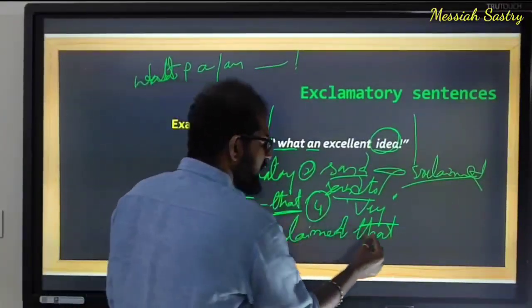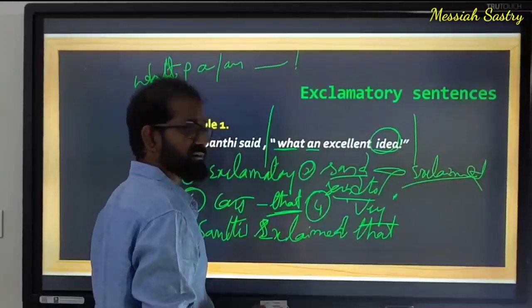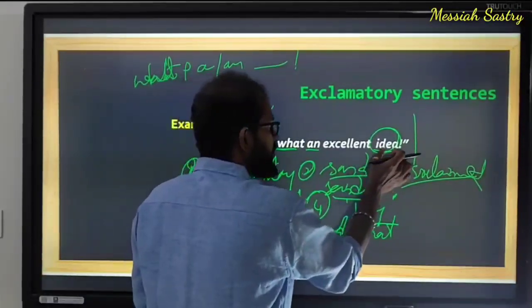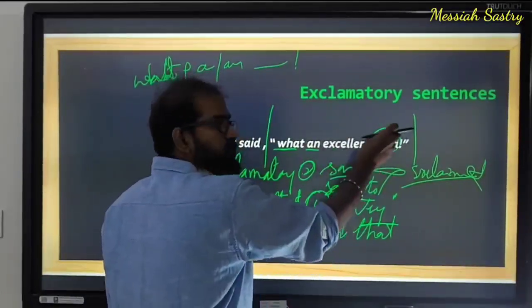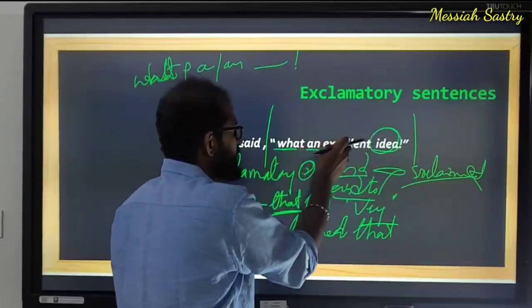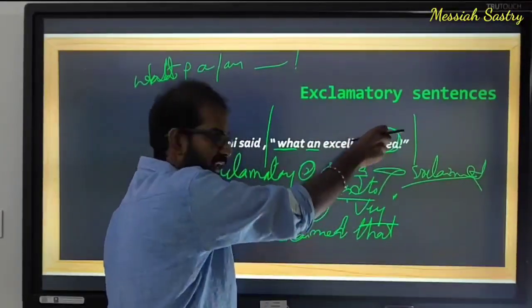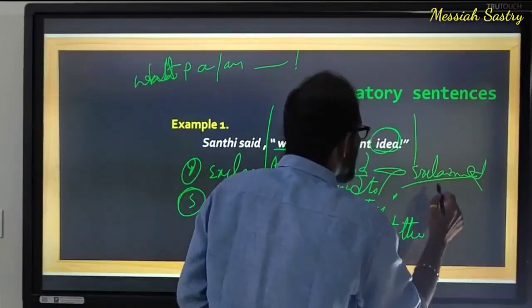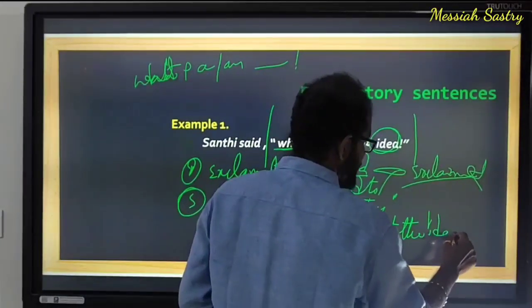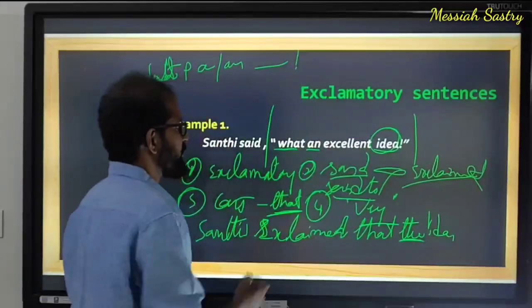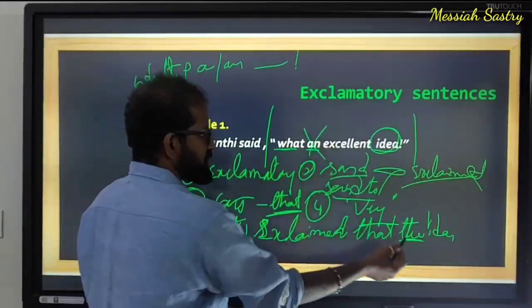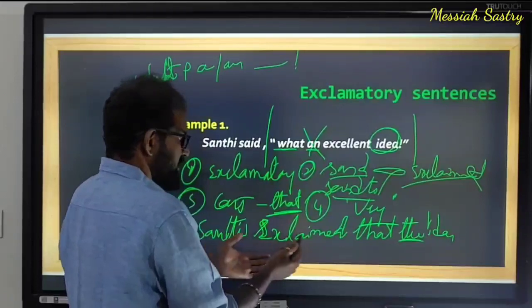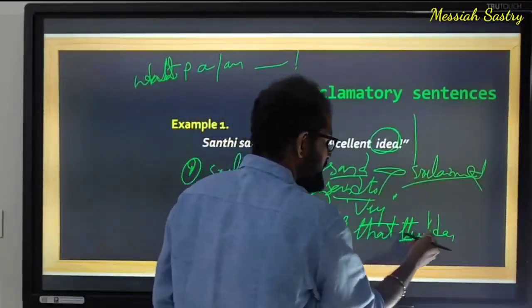So immediately after the conjunction, we need to use what we are talking about. We are talking about idea, so we write that the idea. We don't use an, we use the. Santi exclaimed that the idea.